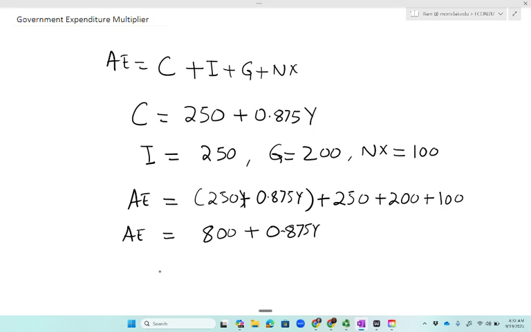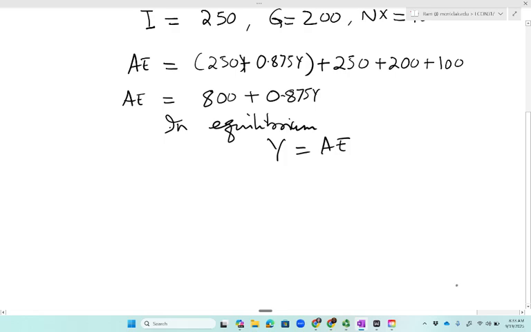Now I will go for equilibrium GDP. In equilibrium, the national income must be equal to the aggregate expenditure, and so I have y on the left hand side. I already got the aggregate expenditure, 800 plus 0.875y.